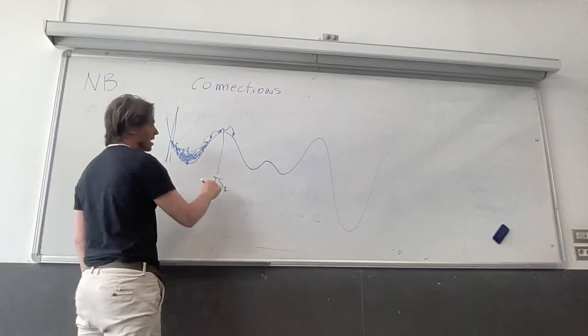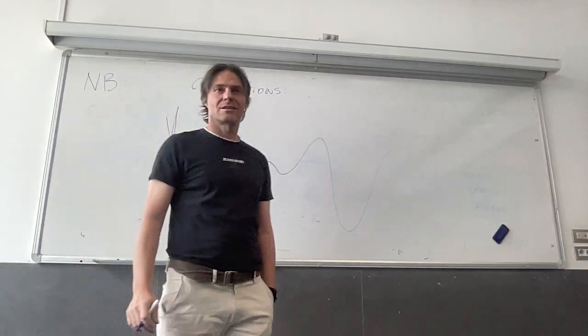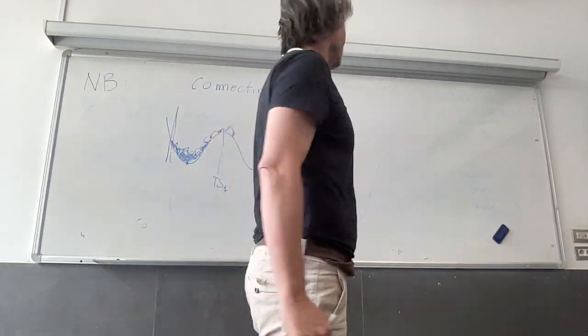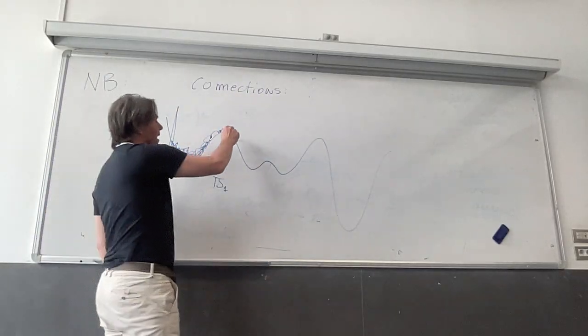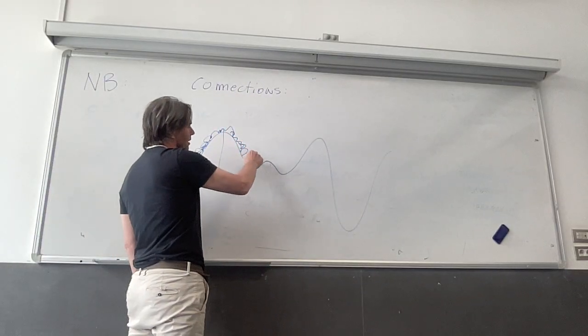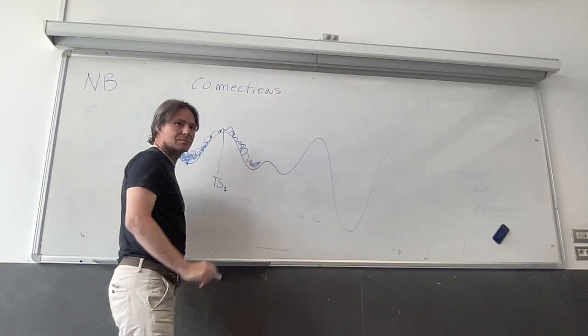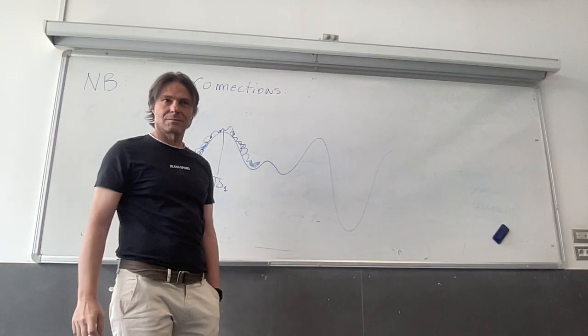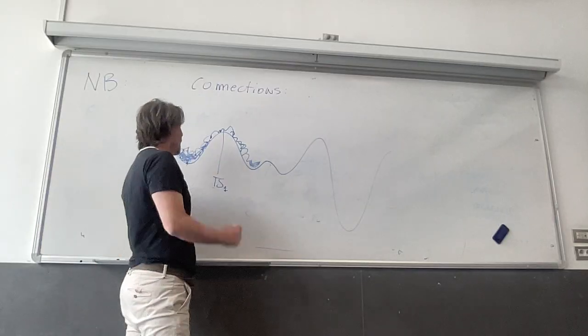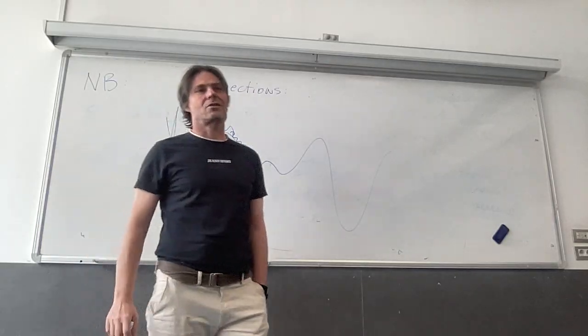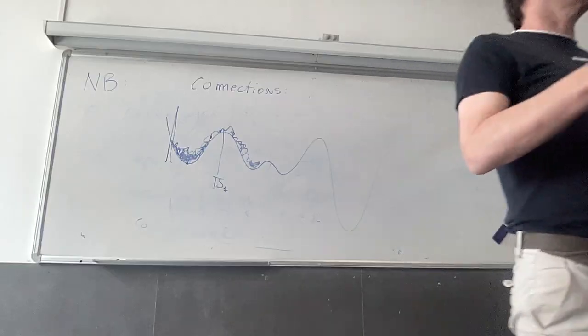Let me label it TS1 because there are more than one here. Once you pass the transition state and you're wiggling around, you're very likely to roll off this well. How often do you cross the transition state?